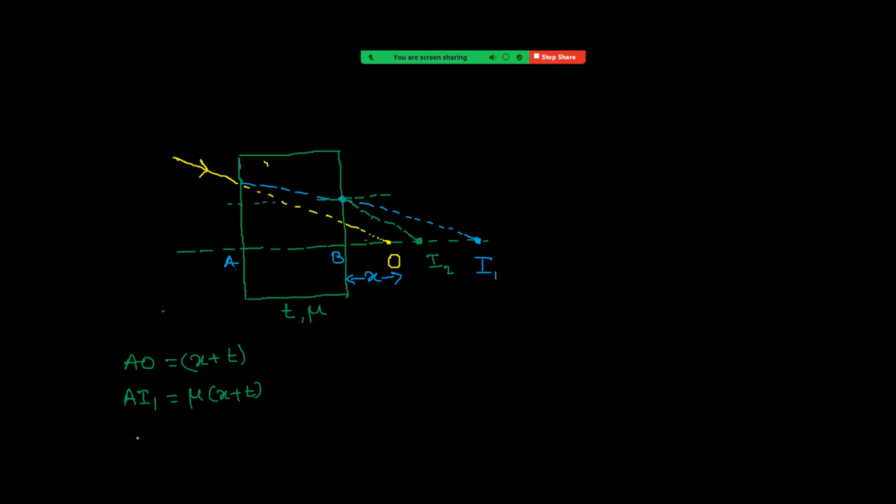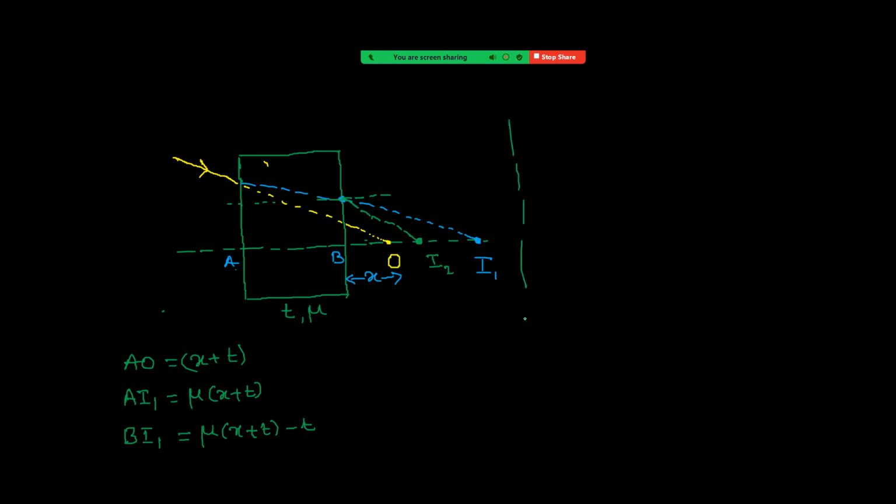BI1 is equal to, so we know AI1, right? AI1 is known, that is mu times of x plus t. From that, subtract now t. That is giving us the distance of I1 from B.